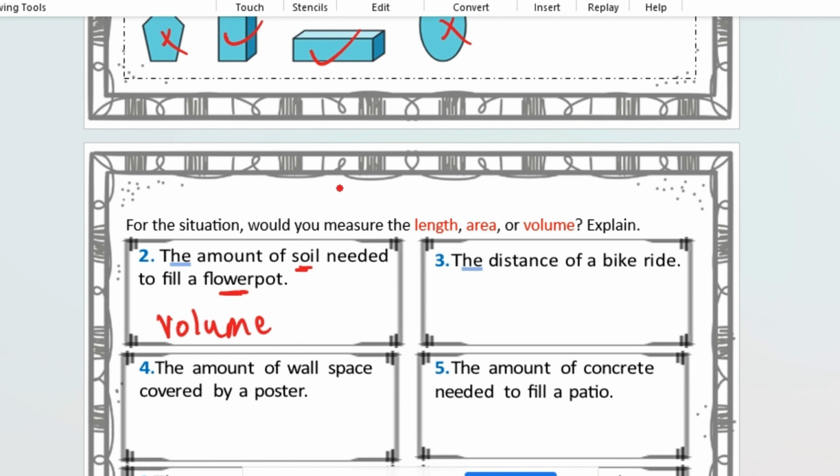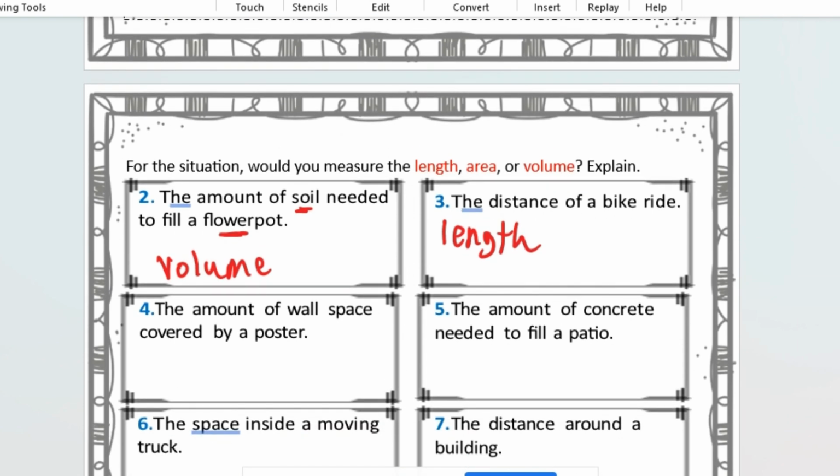The distance of a bike ride: distances are measured in length, because we cannot use an area or a volume. The amount of wall space covered by a poster, we use an area because the wall is a two-dimensional figure, so here is an area.